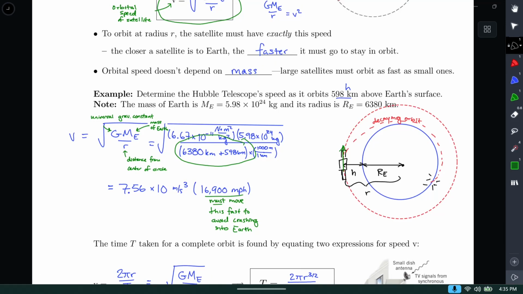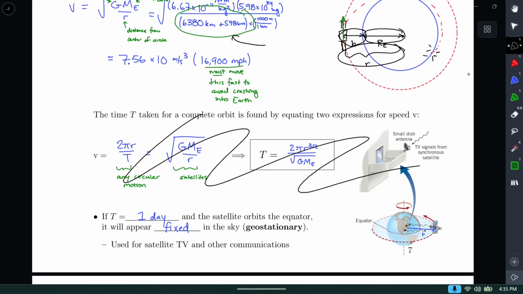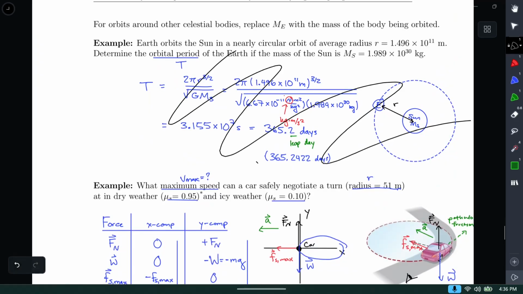That's what you're orbiting around. If I give you the altitude of the satellite, how far it is from the surface, and then I give you the Earth's radius, you need to put those together to get how far the satellite is from the Earth's center. And that's what we did over here. We added them. I won't ask about orbital period, so this goes away too. It's just neat that it works.